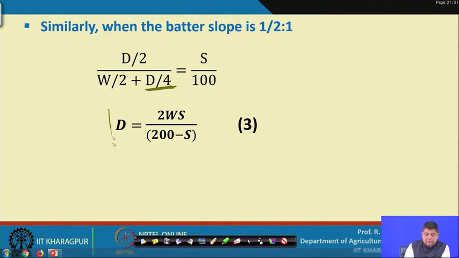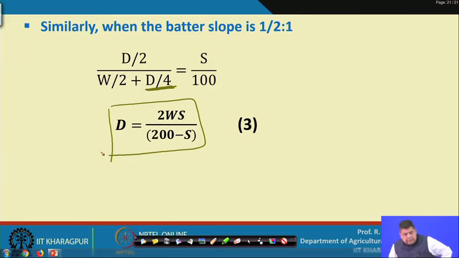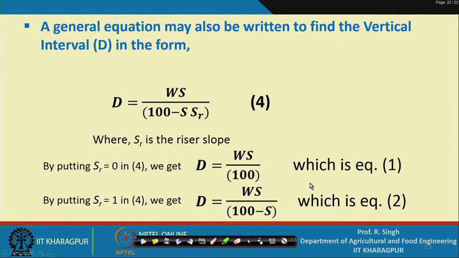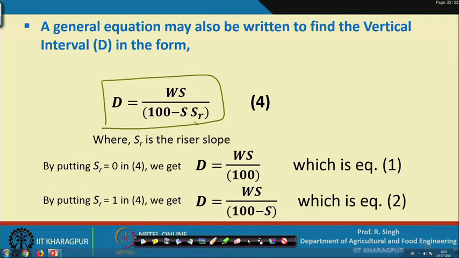From this we get the relationship D equals 2WS by 200 minus S. And we can also write a general relationship for this case, that is D equals WS by 100 minus S SR, where SR is the riser slope. So, if SR is 0, that is for vertical, we get this relationship. If SR is 1, that is 1 is to 1, we get this relationship. So, basically this is the generalized form in which we can write the equation.